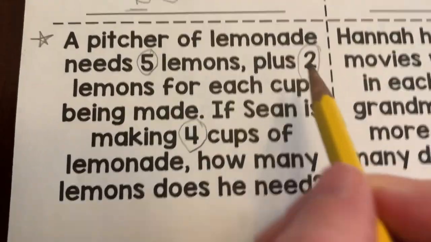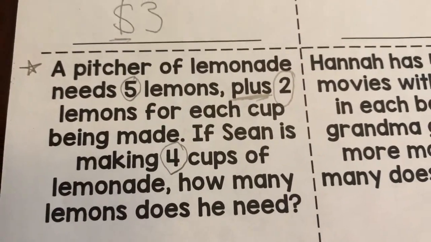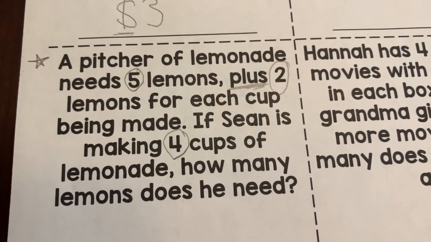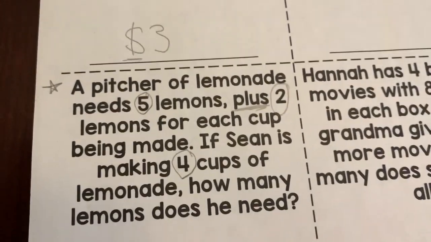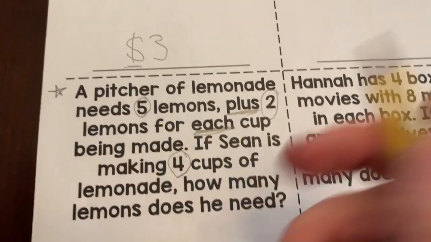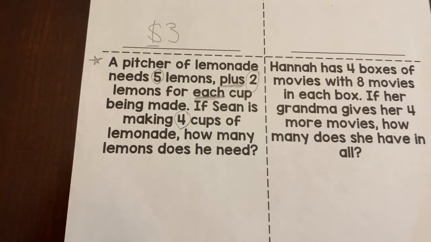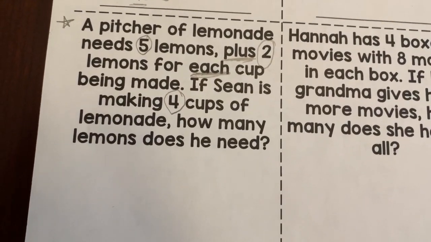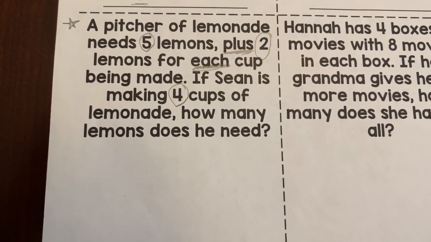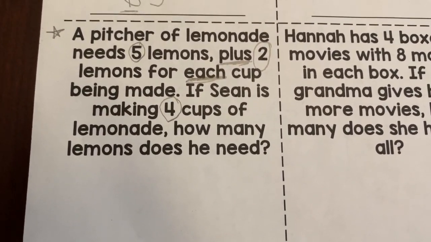I also see this keyword plus, so I know I'm going to be adding for one of my steps. I also see the word each, and I remember that each is a word that tells me to multiply. Great, I have my 3 numbers and I have my 2 operations. Next thing I'm going to do is draw a picture to help this make sense to me.